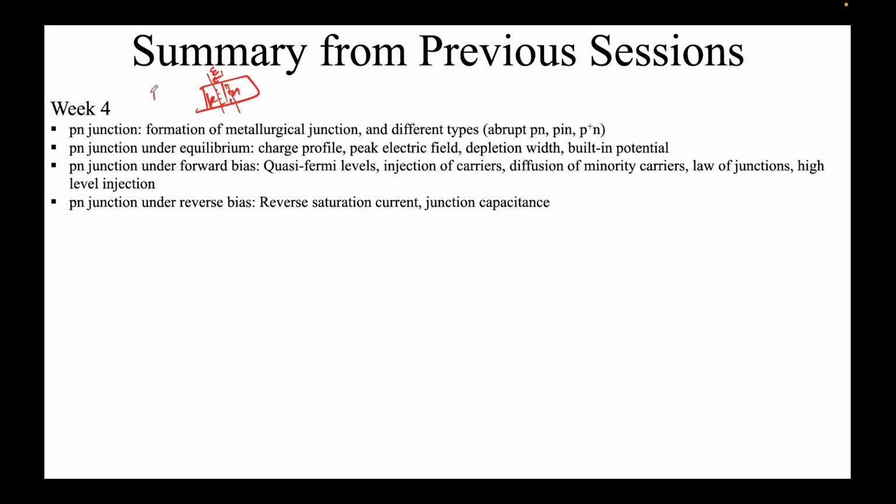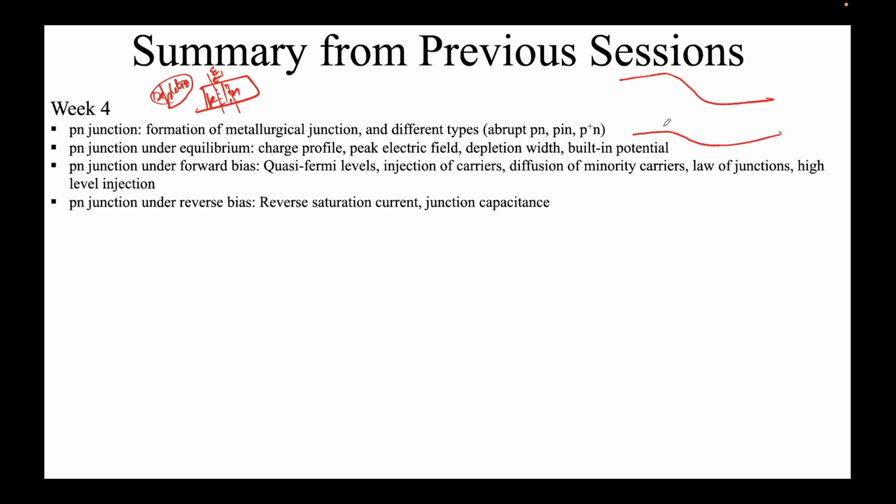We call this region the depletion region. It's in equilibrium now, because electrons cannot travel. It's as if the system is frozen, right? There is an inherent built-in potential due to this electric field, and this is the depletion width.